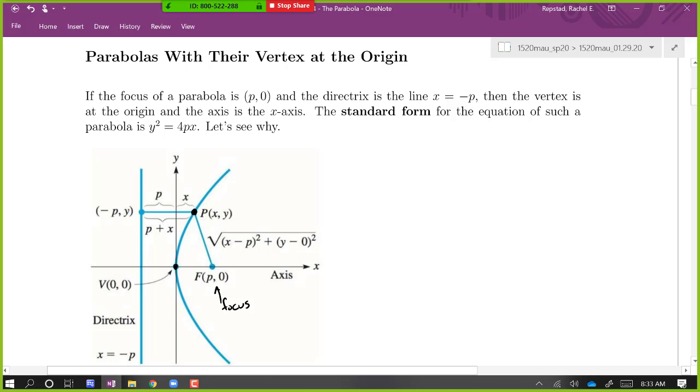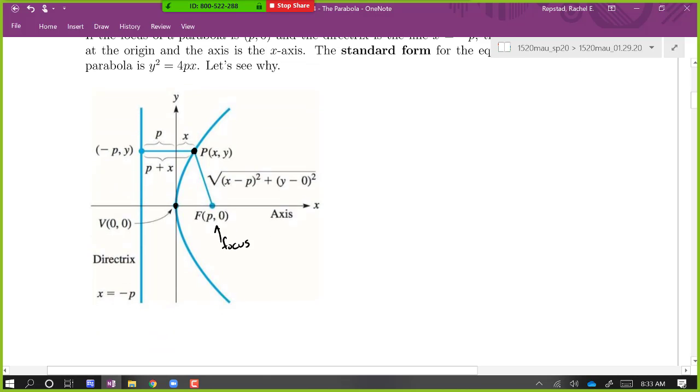Then we find a focus, say at this point (p, 0), and the directrix will be x equals negative p. Because if the focus is at (p, 0), the directrix would have to be x equals negative p, because the vertex is a point on the parabola, and it has to be the same distance from the focus as it is to the directrix. So this distance has to be the same as that distance.